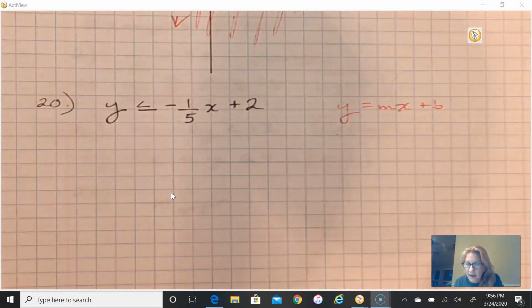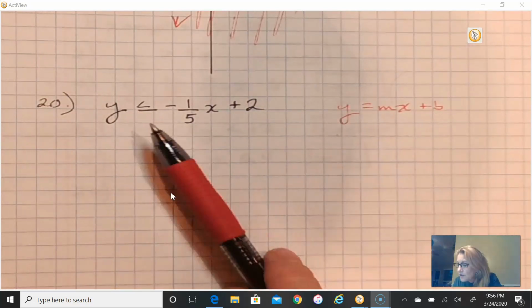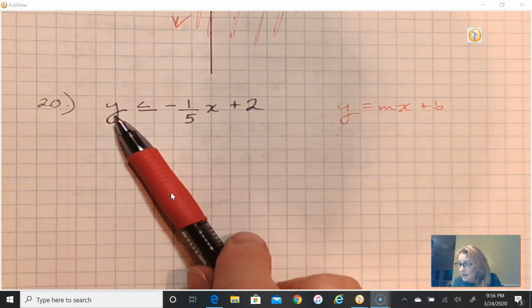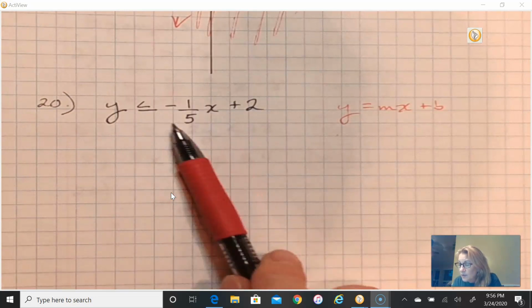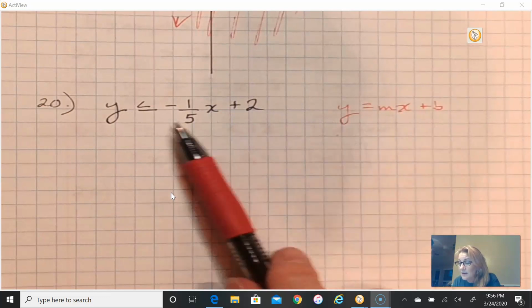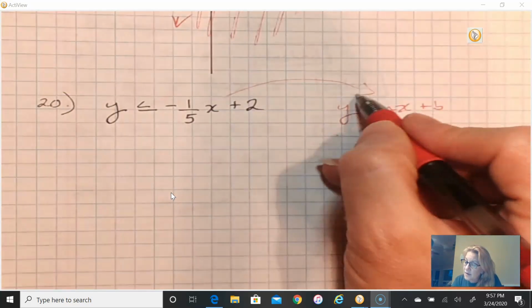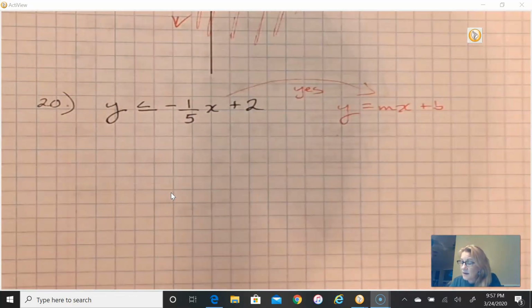It doesn't matter. We're just treating them as the same right now. So we look at it. Yes, that's y, and the slope is here first, and then the b. So yes, it is in the correct format.